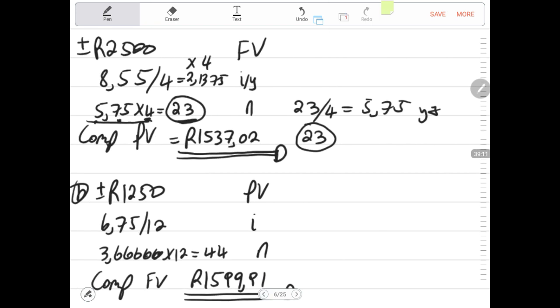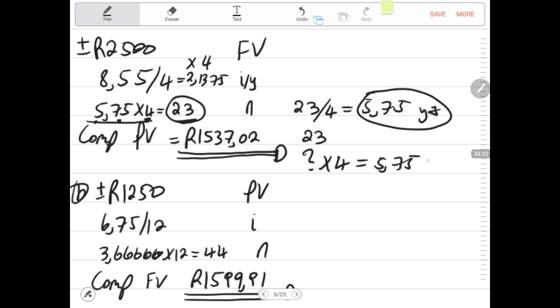So now we need to know for how long this investment was invested. That means we are looking for the number of years now. In order for us to get to 23, we said something, which we don't know, multiplied by 4 is equal to 5.75.